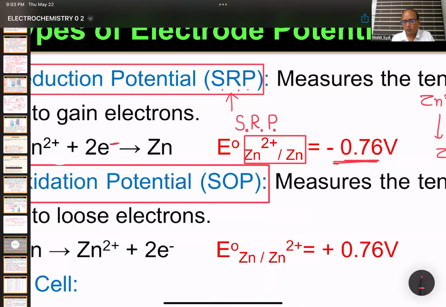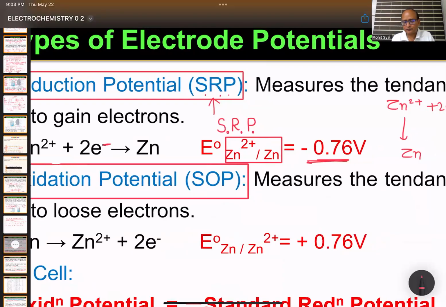It is minus 0.76 volt. Is that clear or not? Tell me quickly. I'm coming to that. Let me complete this SOP also, and we have a complete picture, and then I can clarify all your doubts.